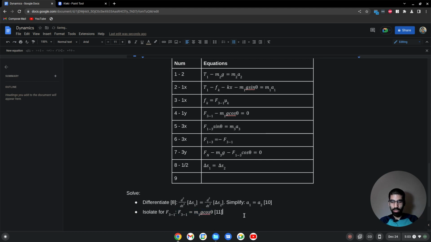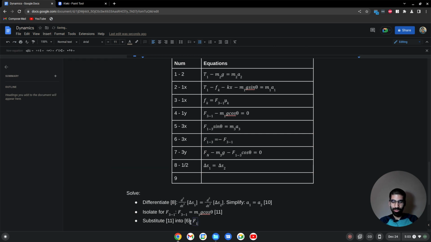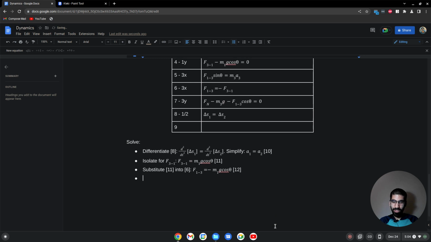Let's call this equation 11. Let's substitute equation 11 into equation 6, because that's pretty easy too, right? We're just saying that F1 onto 3 is the negative of this stuff over here. There we go, that's not bad, right? That's not too difficult so far.